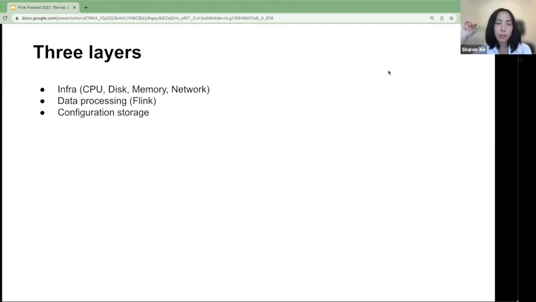At the configuration storage layer, we also want to treat secret configurations separately from normal configurations. The secret configurations are the credentials for accessing the external systems. I'll go through each of the layers in the following slides.